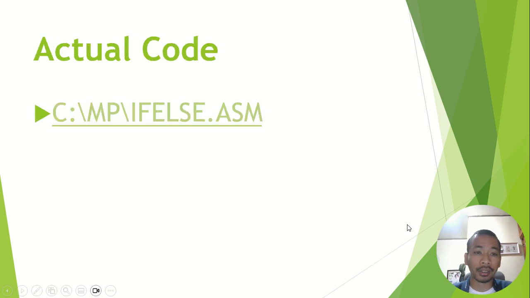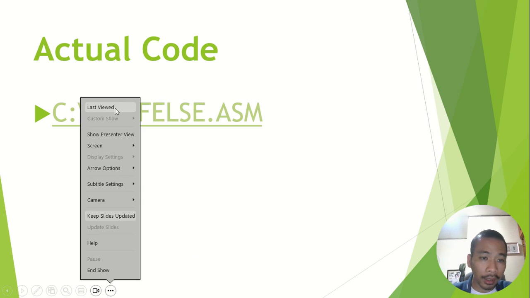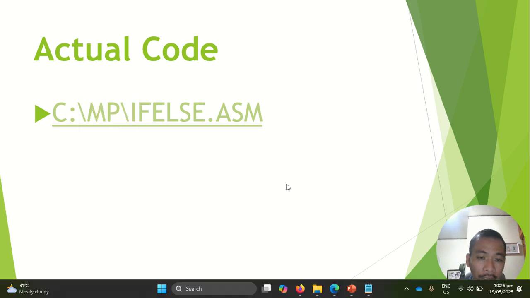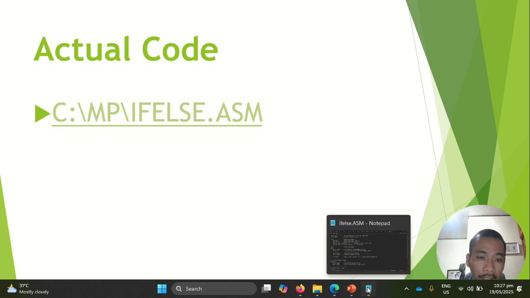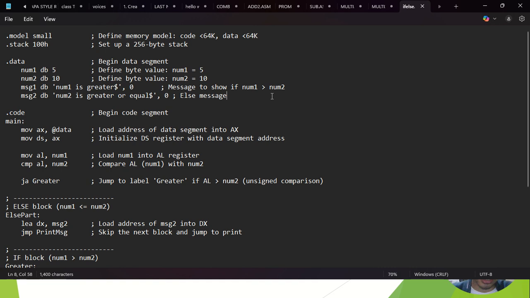Okay, so I have here the actual code. Let me check first. I already created the code here, and I'm just going to show you. This is the actual code we're going to discuss today.